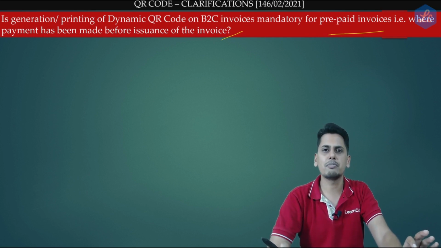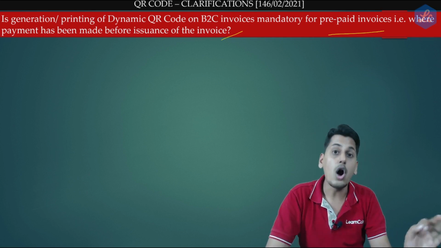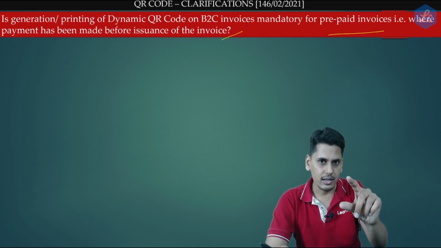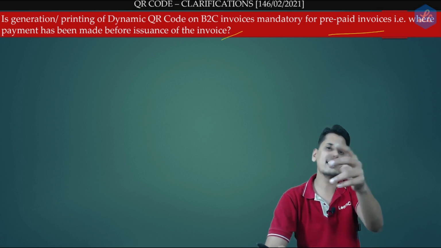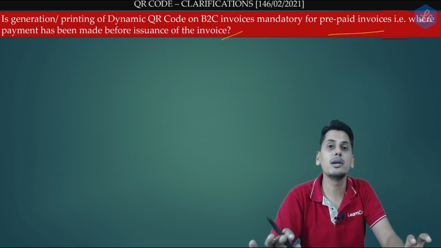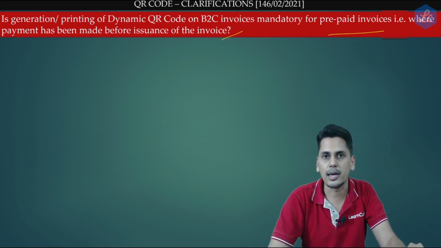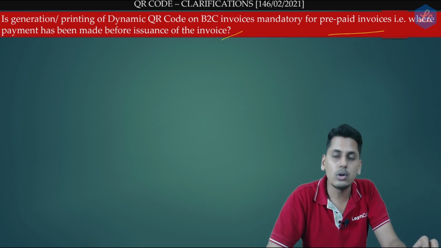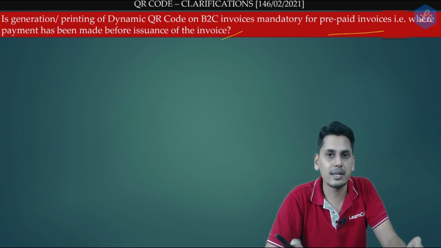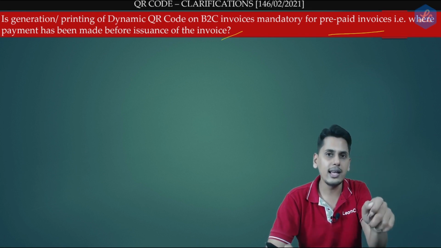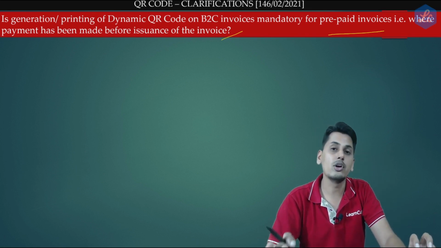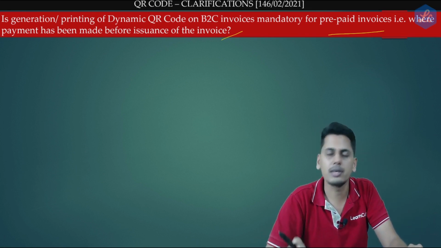Simply the buyer makes a payment either through cash or using some other means. Let's suppose he is making a payment using static QR code or UPI. In those cases also, if a cross reference number is given, either of the transaction ID or of the date of payment, it is going to be a valid compliance of dynamic QR code.